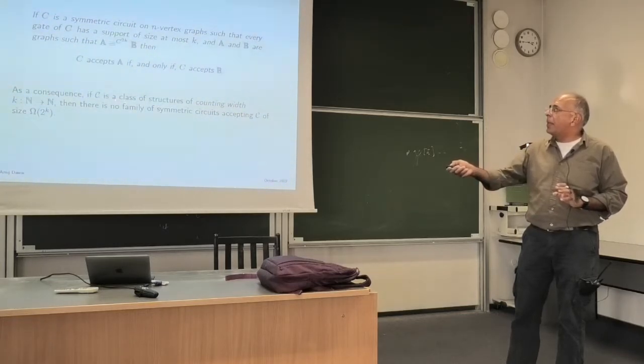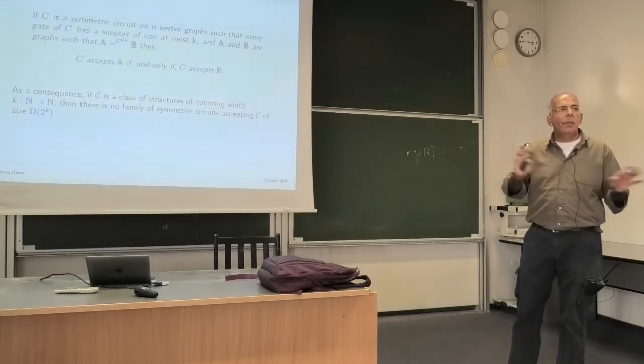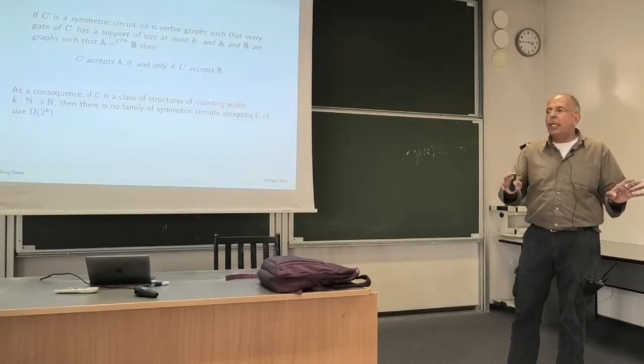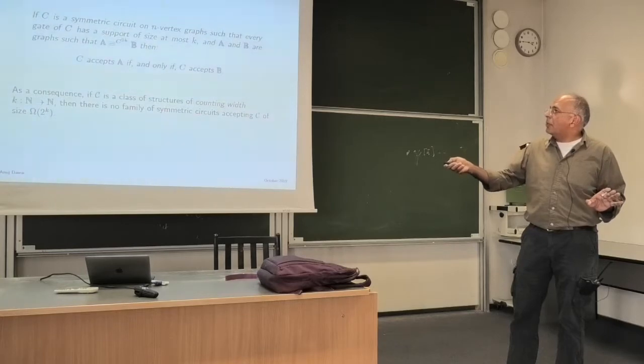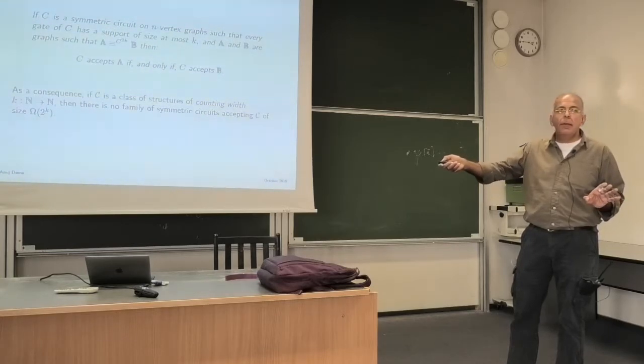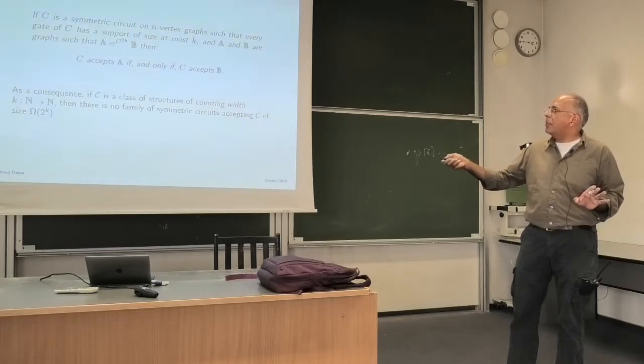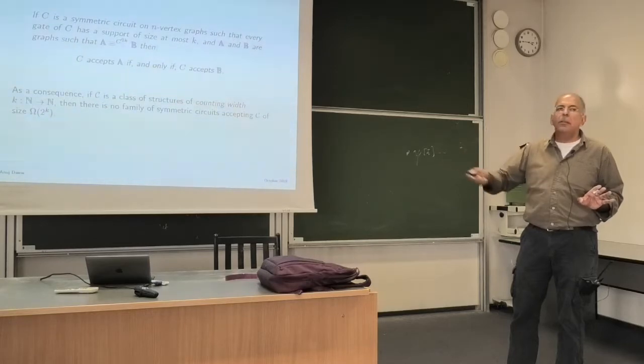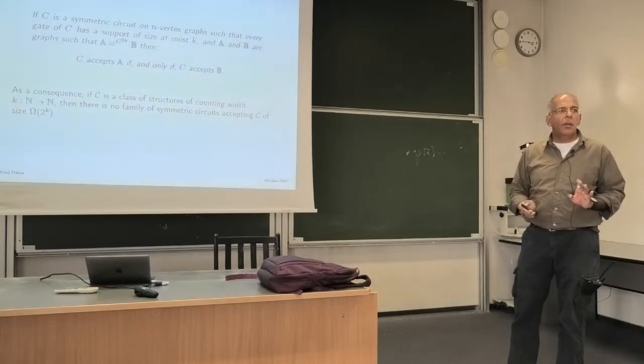What's nice about this is that we can relate. Now we can forget about the uniformity of the circuits and about FPC. Any family of circuits, if we have a class of structures of counting width k, then the family of circuits you need for it has size at least 2 to the k.